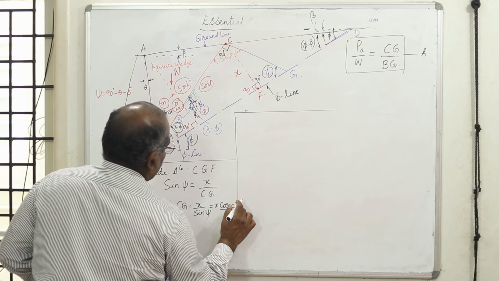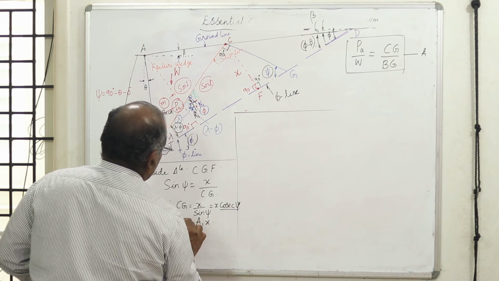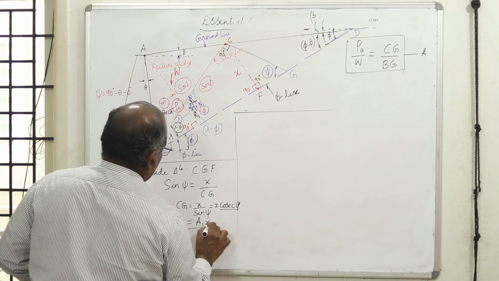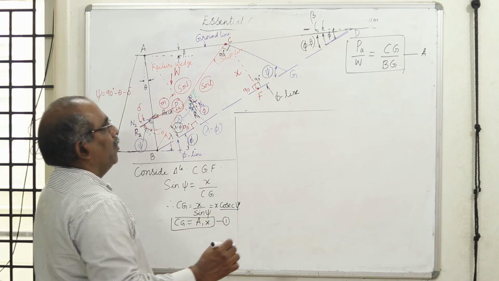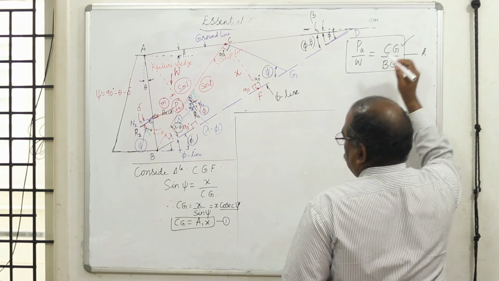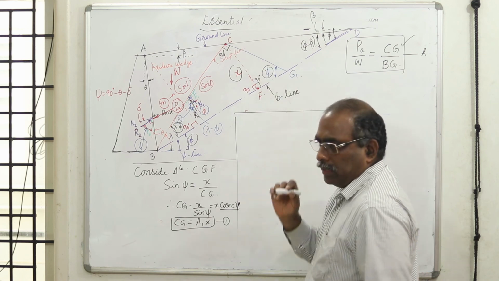Let us represent CG as A1x. Now I found out what CG is in terms of the known quantity x. x can be measured here in the diagram.